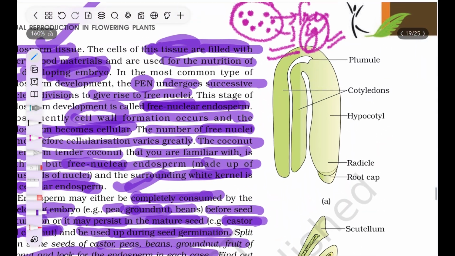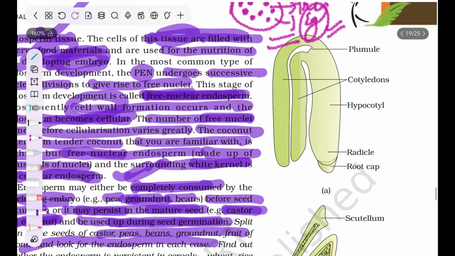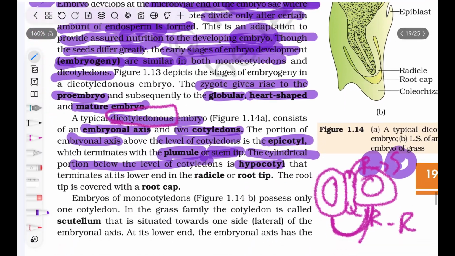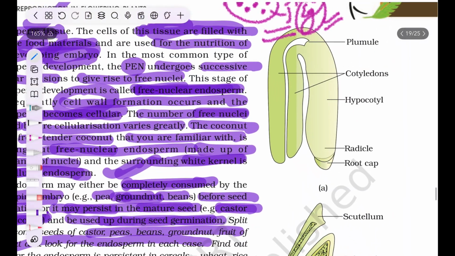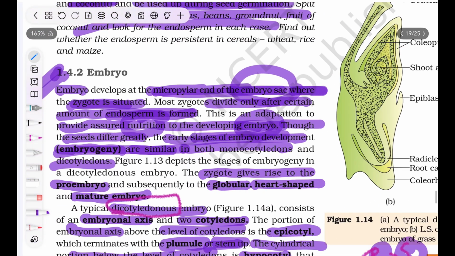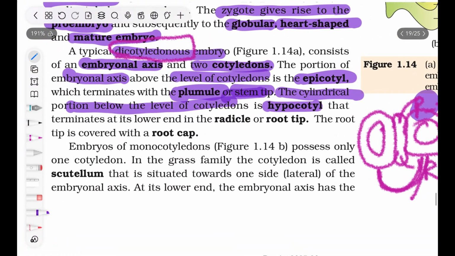For example, the part below the level of a cotyledon is the hypocotyl and above is the epicotyl, which further forms the plumule. Now the lower part further terminates into the radicle that forms the root tip.